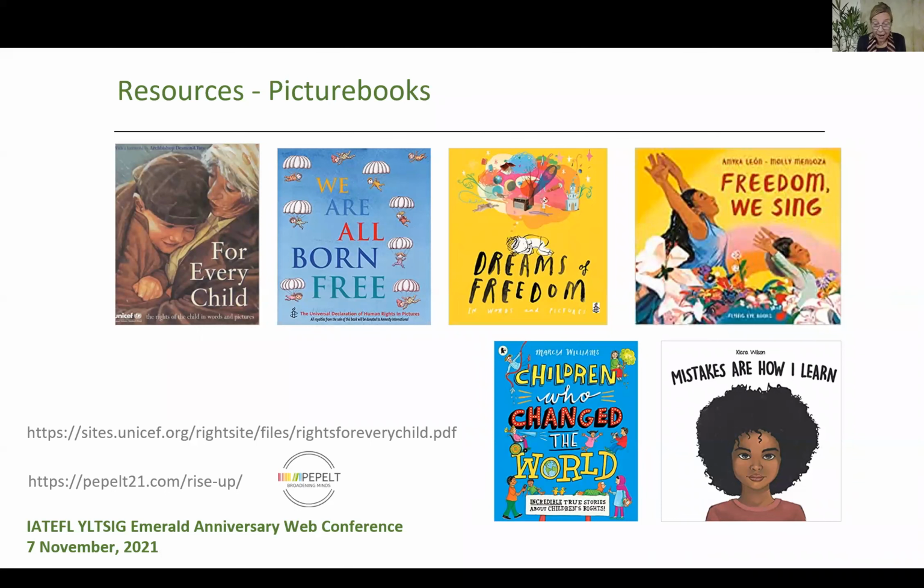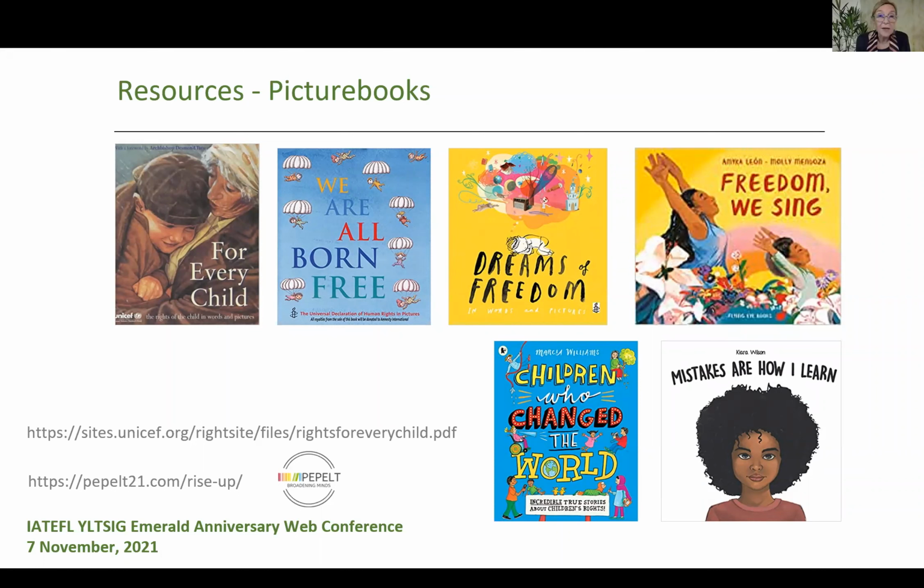And the illustrations are just beautiful, and they really show an enormous diversity of artistic styles. So each illustrator has illustrated a different right on a double-page spread.